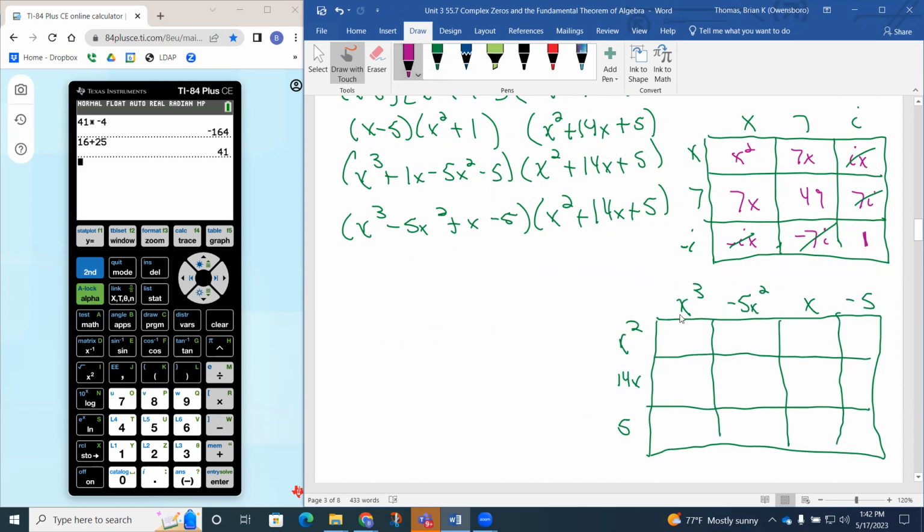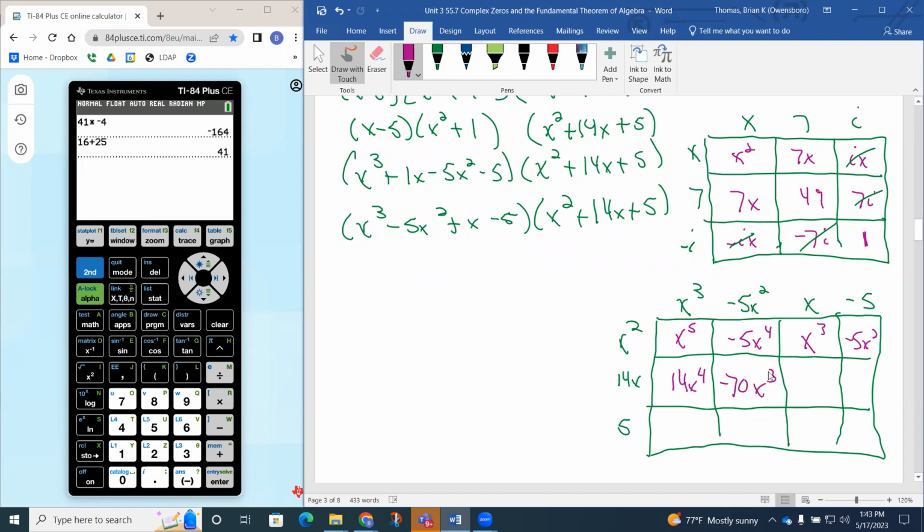So x squared times x to the third is x to the fifth. x squared times negative 5x squared is negative 5x to the fourth. x squared times x is x cubed. x squared times negative 5 is negative 5x squared. 14x times x cubed would be 14x to the fourth. 14x times negative 5, well, it's going to be a negative 70x to the third.